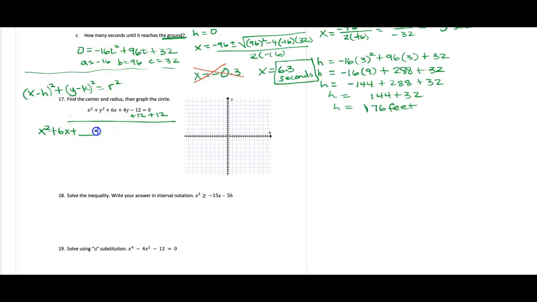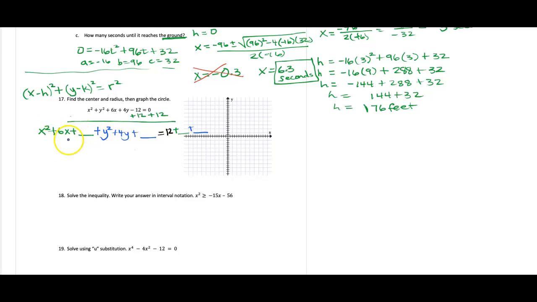And now get my y's together, so plus y squared plus 4y plus blank equals 12, positive 12 there, plus the green blank and then the blue blank. I ran out of room here, but I'm color coding it just to make sure you see where those numbers are coming from.